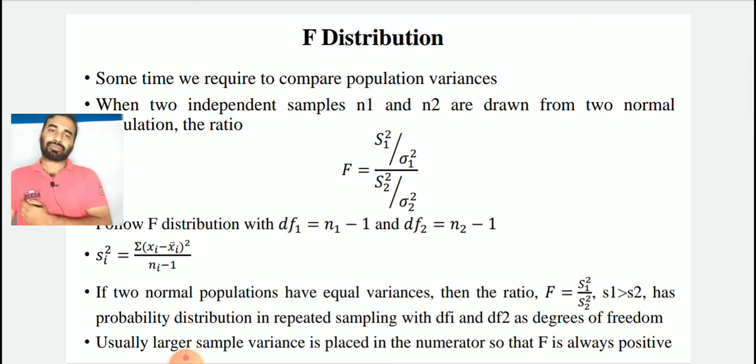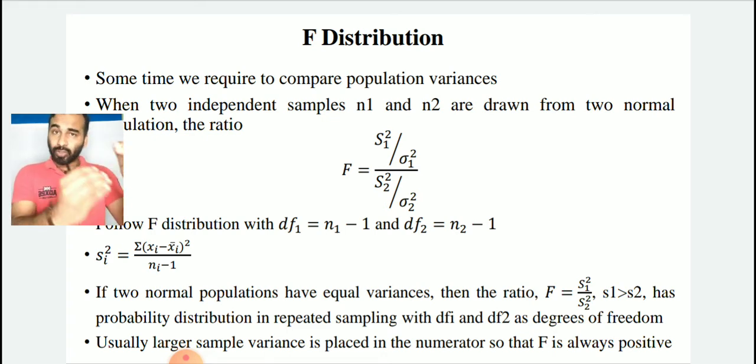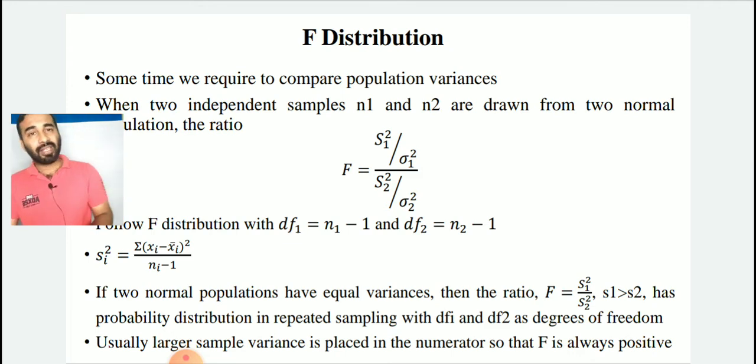Usually what we do is place the larger sample variance as the numerator, so that F will always be positive. We have s1 squared and s2 squared.